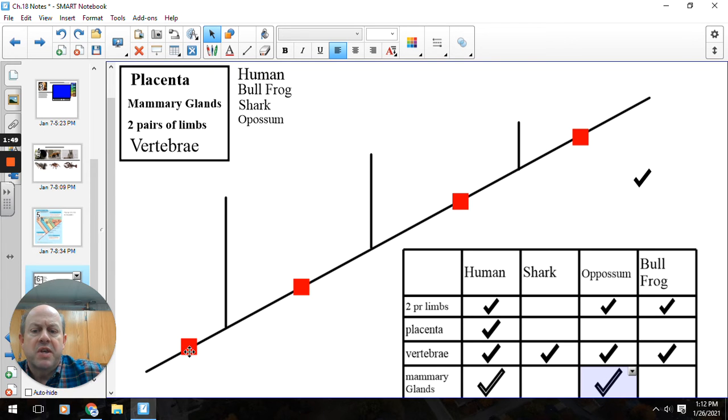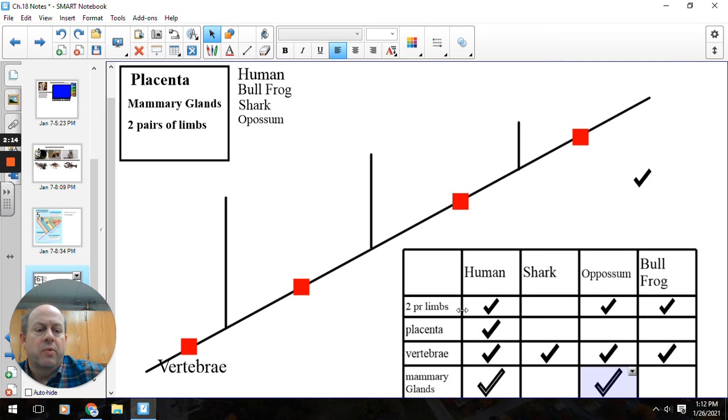For example, if we do this trait, that means all four of these animals are above it. So we're looking for the trait that all four animals have. In our data table, that would be having vertebrae. So we'll put vertebrae down there because we know all four animals are above it, and therefore they have that trait. The next trait would be held by three animals, but not one.